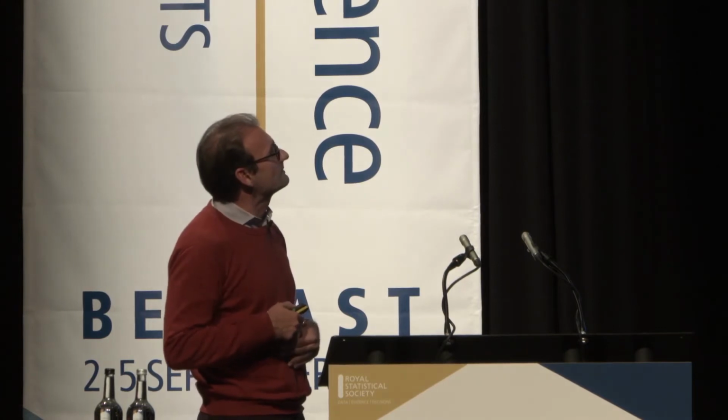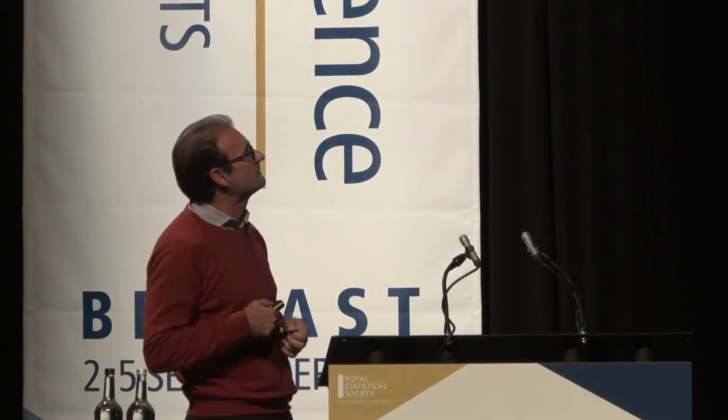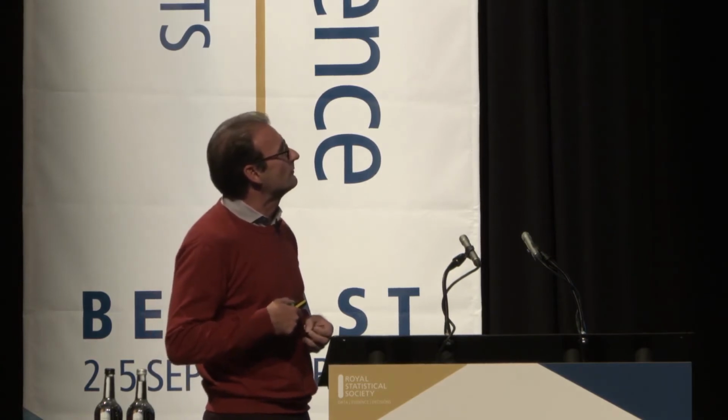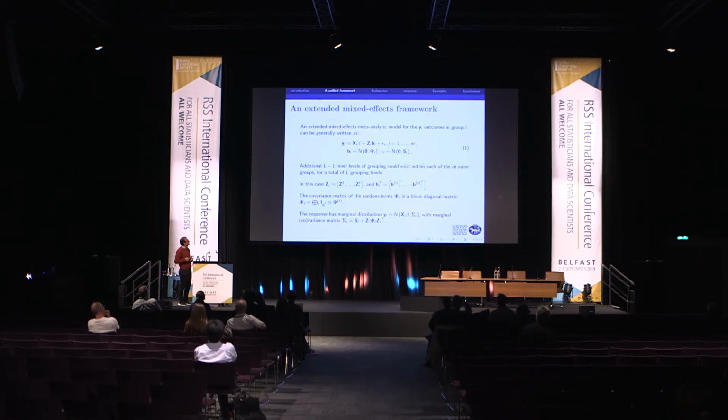This model has a sum of three components. This is the fixed effect part, characterized by the design matrix and the fixed effect coefficient beta. Then there are the random terms, with design matrix Zi and bi. And then this is the within group error.